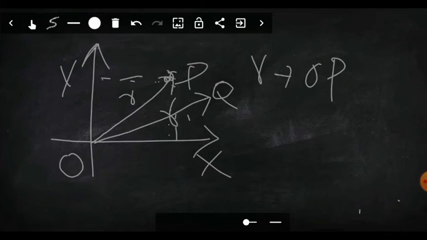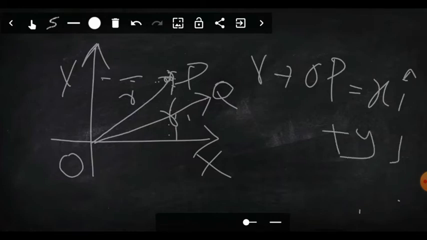To represent that, the x component, directed along this direction, is represented with i cap, plus the y component, which we represent with j cap. If you represent OP as vector r1, it can be written as x1 i plus y1 j.